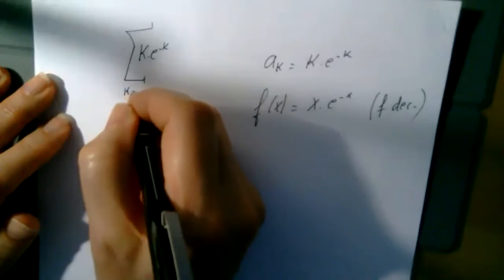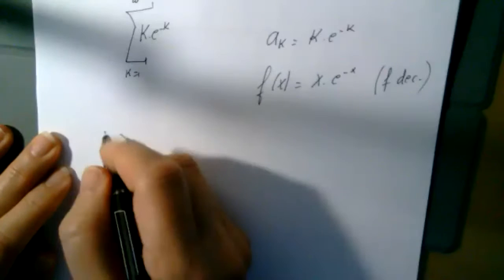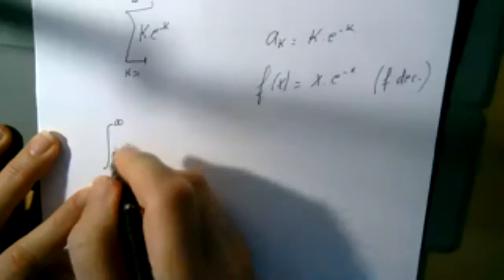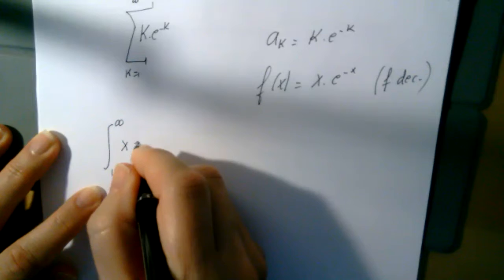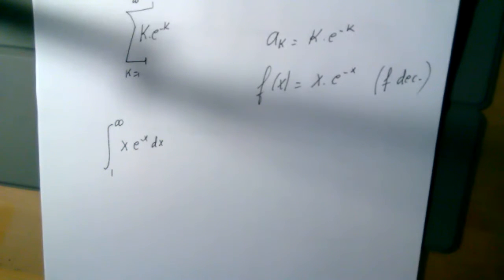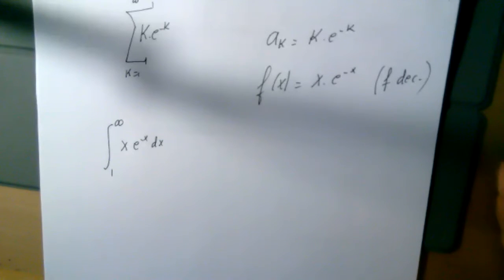So what does the integral test tell me? I have to evaluate the integral from 1 to infinity of x e to the minus x. If this integral converges, my series will converge. If this integral diverges, my series will diverge.